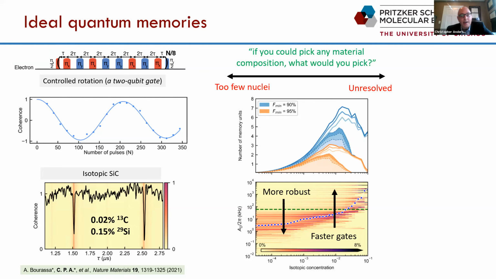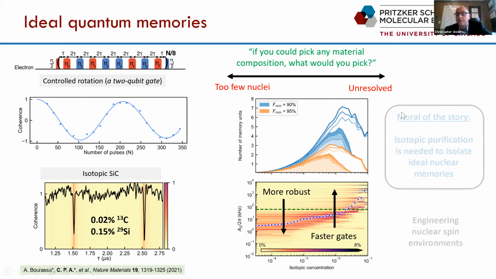What's happening under the hood, maybe we can discuss later, but the coherences and the T1 times for the system are very long. And the effect of the isotopic concentration on our line widths and what that means for this control protocol is already taken into account in this model. Okay, thank you. Great questions.